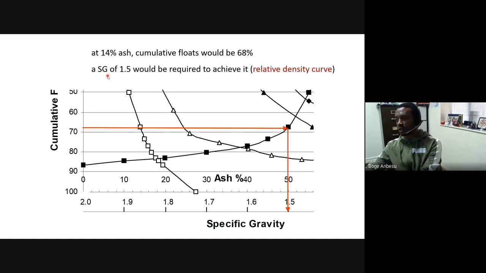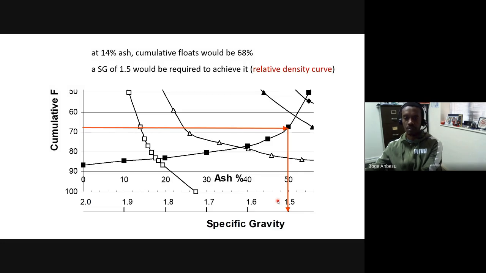Okay, then if I'm targeting 14% ash, what is the separating specific gravity that gives me this product? It says here from the relative density curve that to be able to get 14% ash in the product at 68% recovery, you could use a media that has a specific gravity of 1.5.